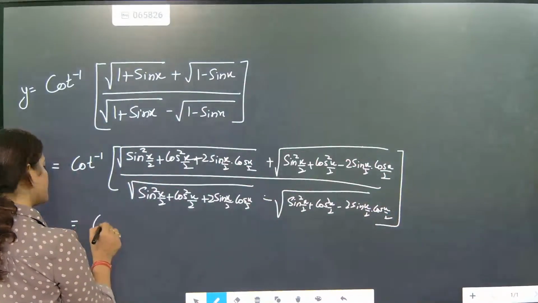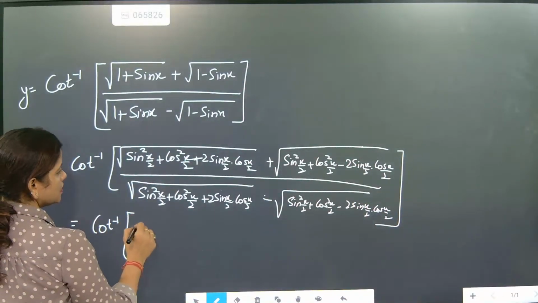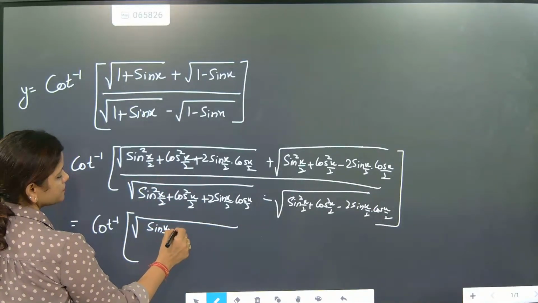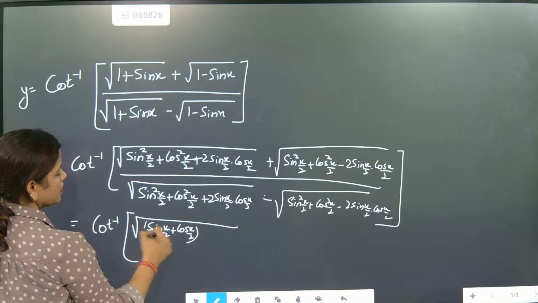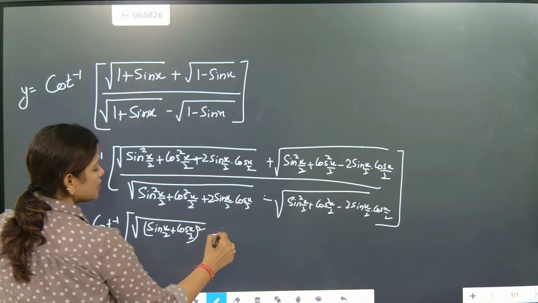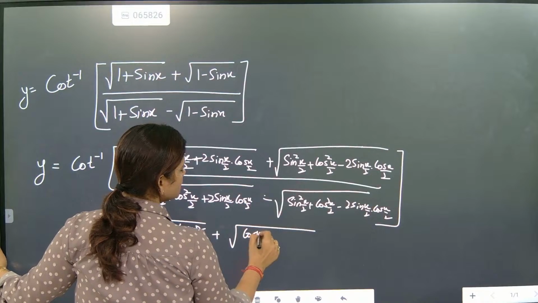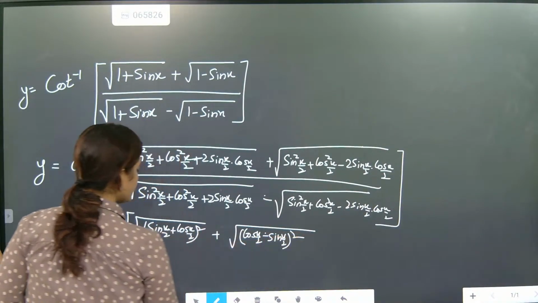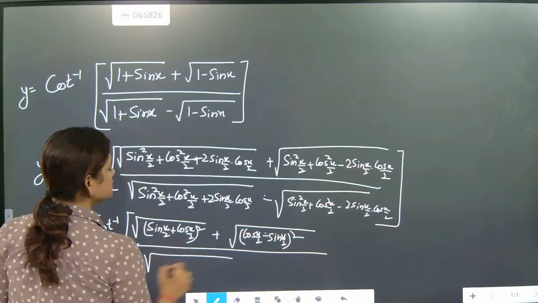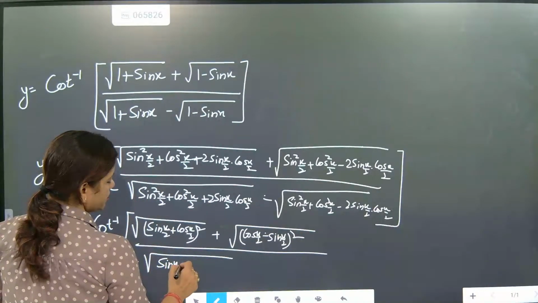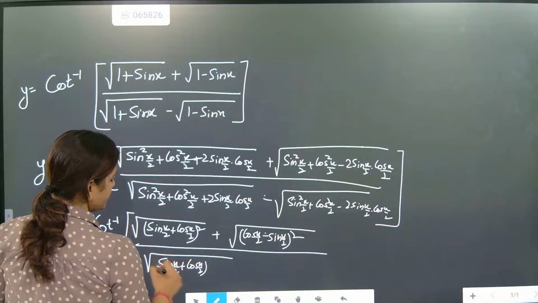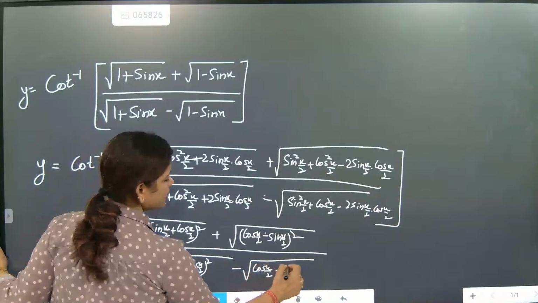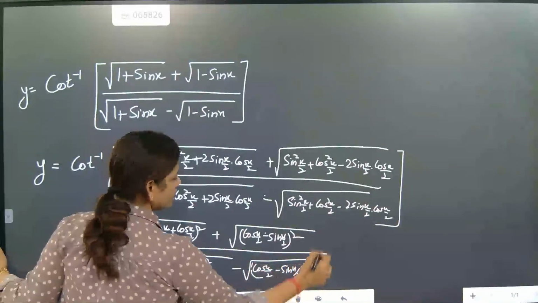So here it will become cot inverse. It is coming as sin x by 2 plus cos x by 2 whole square, so root will cancel, plus cos x by 2 minus sin x by 2 whole square. So root and square will get cancelled. In the denominator it is coming as sin x by 2 plus cos x by 2 whole square minus cos x by 2 minus sin x by 2 whole square.